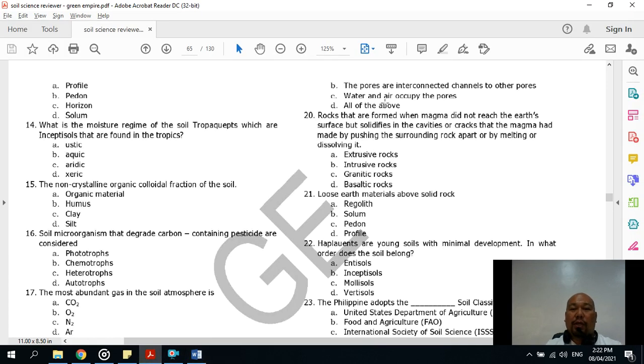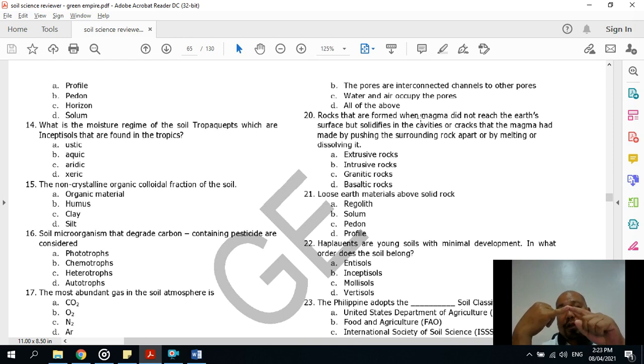Let's continue. Rocks that are formed when magma did not reach the Earth's surface but solidifies in the cavities or cracks that the magma had made by pushing the surrounding rock apart or by melting or dissolving it. Mo na ni ako ang nahisgutan also before. Remember, we have three kinds of rocks: sedimentary, igneous, and metamorphic. I already have described all three before in one of the questions. And then an igneous rock, for example, can either be an extrusive or an intrusive rock.